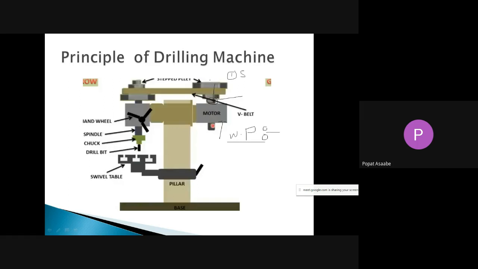We know that on this stepped pulley we have already mounted a belt. It means that when this set of pulleys starts to rotate, the power from these pulleys is given to this pulley with the help of this belt.